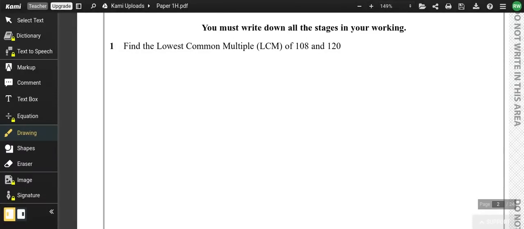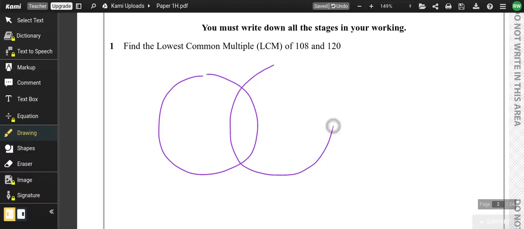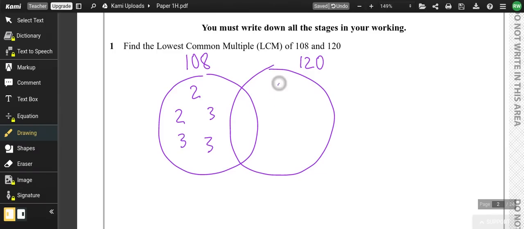LCM of 108 and 120. So we're going to need to do a Venn diagram. 108 is going to be divided by 2, that gives you 54, 2 gives you 27, 3 gives you 9, 3, and that leaves you with a 3 there. 120 will be divided by 2, gives you 60, 30, 15, 3, and 5.